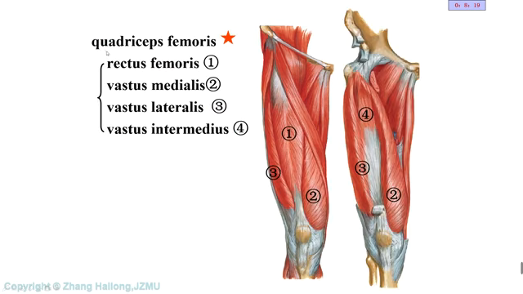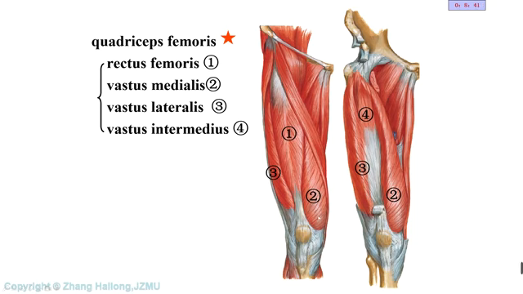And the second one is quadriceps femoris. It's a very important muscle you should master. The quadri here means four, ceps means heads. There are four heads. First one, rectus femoris, in front of the femur.